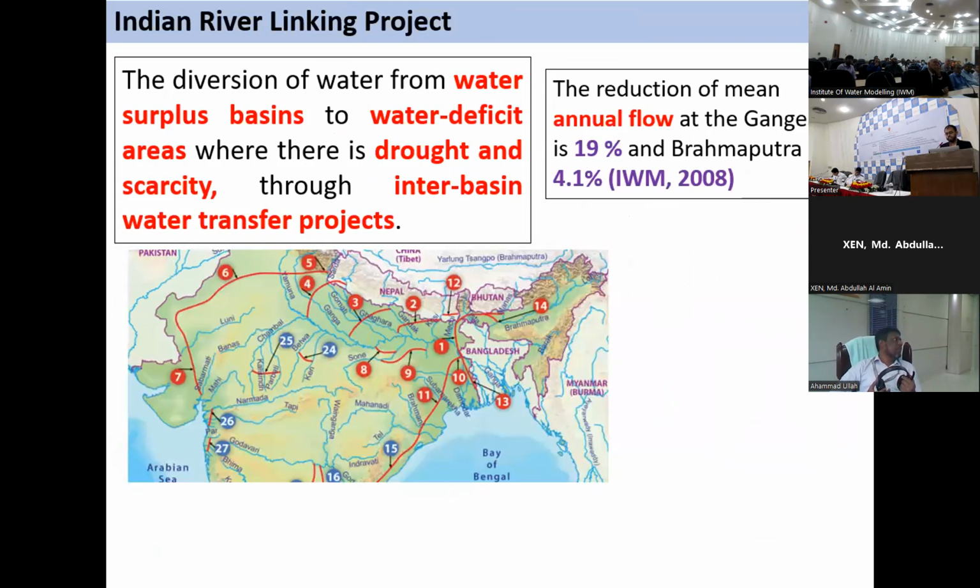If the Indian River Linking Project is implemented, the Ganges flow is likely to be decreased by 19%. Annual average flow of Ganges River will likely be reduced by 19%, and for Brahmaputra River, the reduction is 4.1%, and it is the finding of the IWM 2008 study.